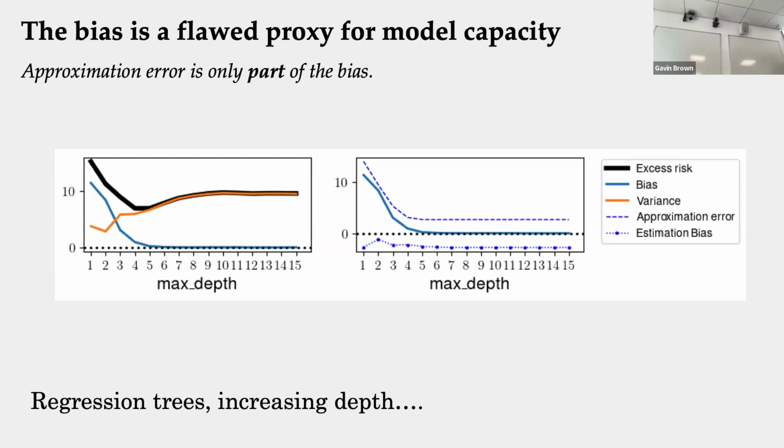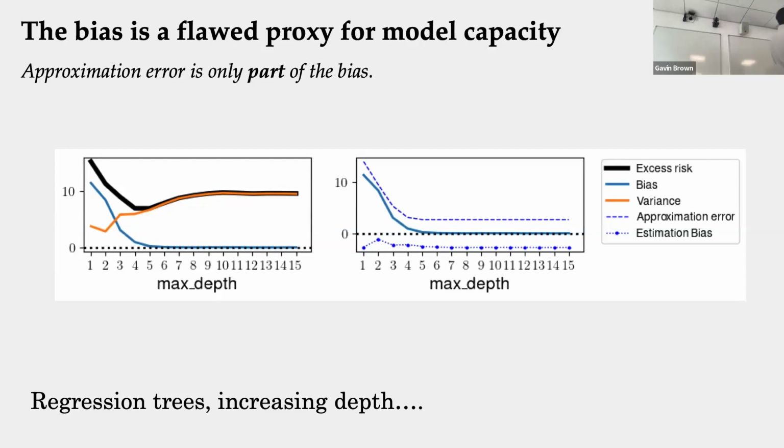If we look at the right-hand panel, we see that the approximation error is in fact non-zero. So what's happening is that the estimation bias is a negative quantity throughout. So the expected value of a decision tree is not itself a tree of the same depth, it's deeper.